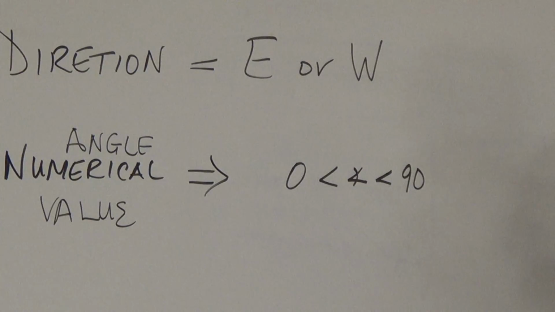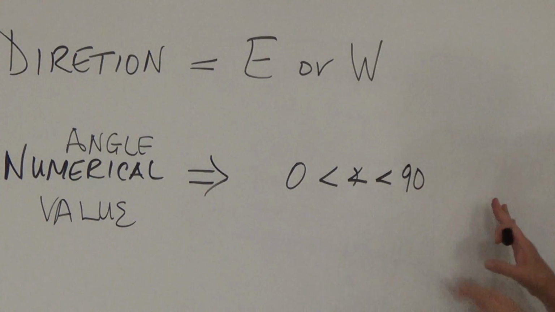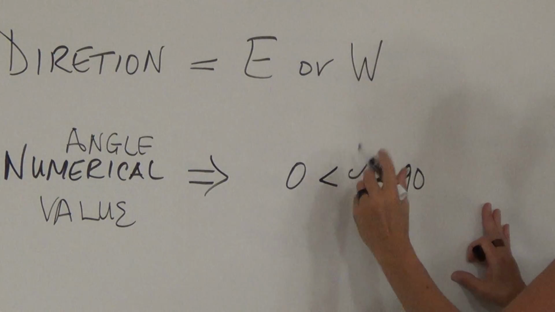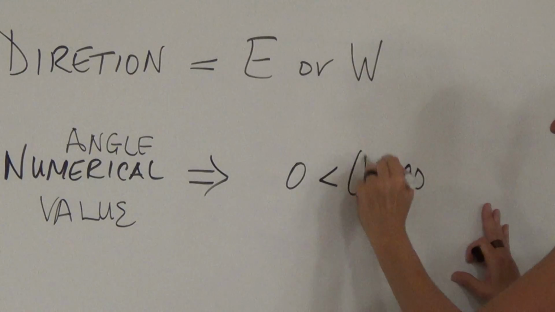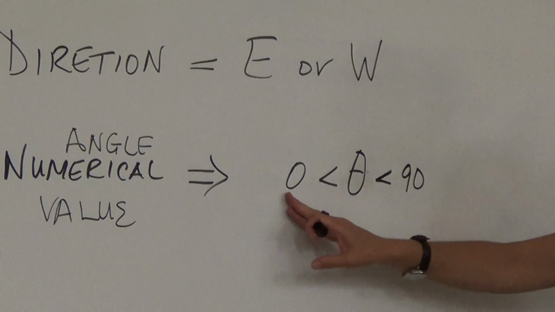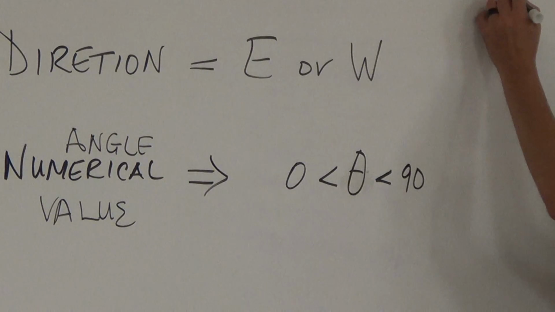So the angle value could go from 0. Is everybody okay with this symbol? Should I put like an alpha or something? No, theta, I think. Is that better? So the angles can only go from 0 to 90. It has to be greater than 0 and less than 90. So let's have an example.